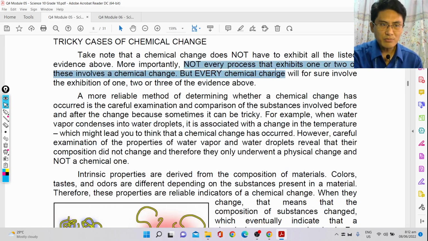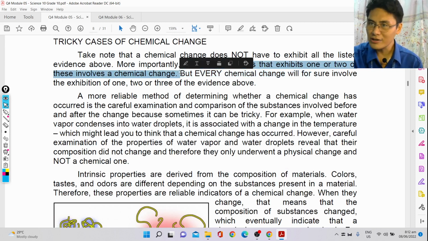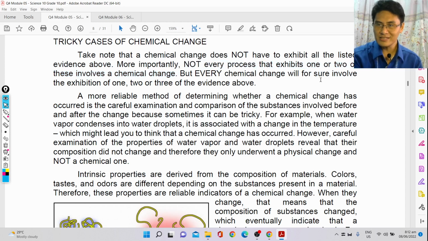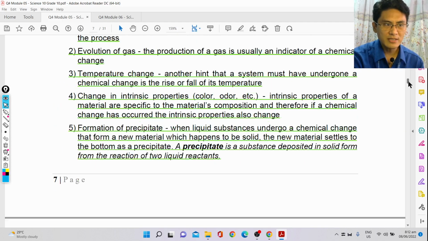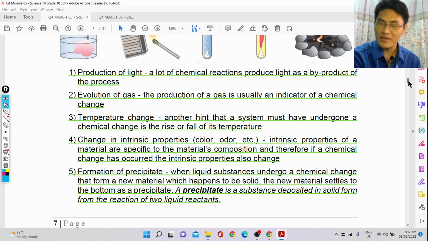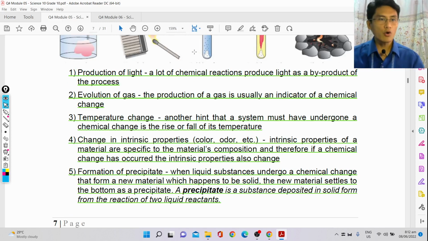But not every process that exhibits one or two involves a chemical change. So it's even worse than this, because at first you would say, evidences of chemical change, this is the criteria then. So therefore, every chemical change must tick off all of these five for us to say it's a chemical change. Actually, no. It could be that it would only exhibit two or three of the five listed there, and it's a chemical change.